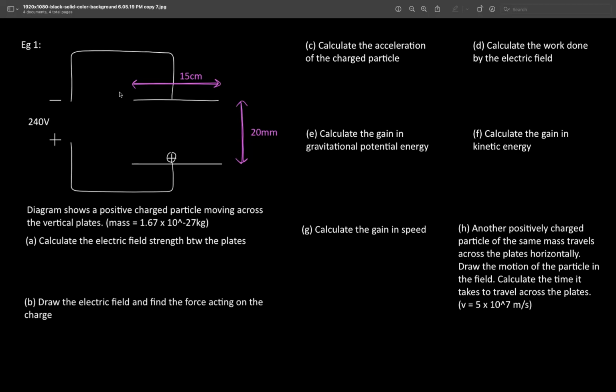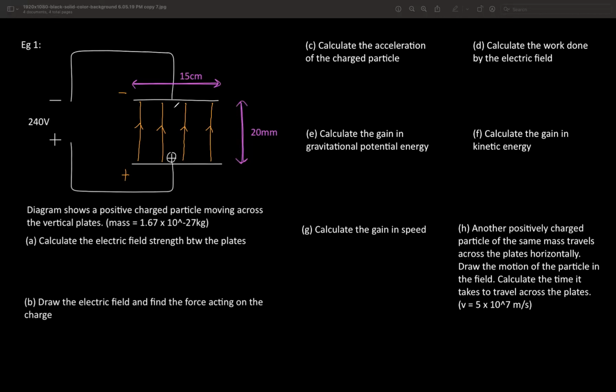This one has a negative potential, this one has a positive potential, and the electric field will be pointing from down to up like that. Now, calculate the electric field strength between the plates.